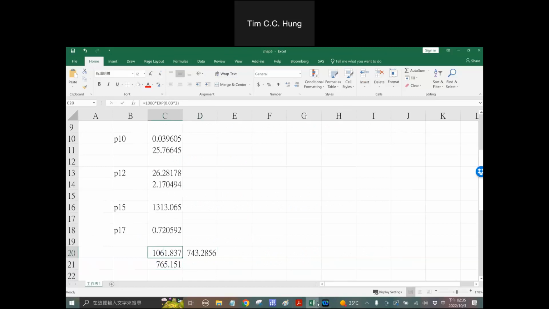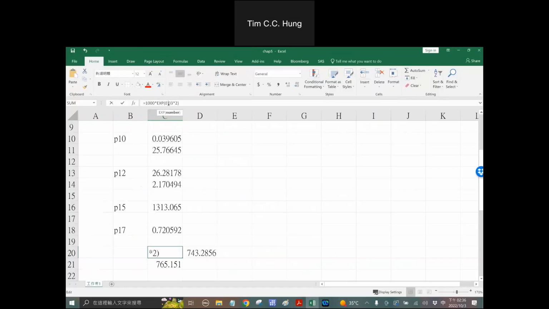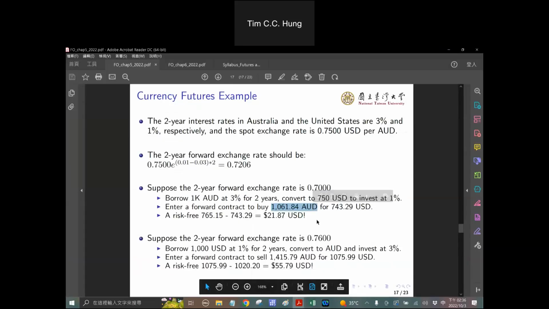Then let's think about how many Australian dollars we will owe after 2 years. We first borrow 1,000 Australian dollars at 3%, right? After 2 years, how much should we pay people back? Borrowing at 3% for 2 years on 1,000, we will need to repay exactly this amount in Australian dollars.